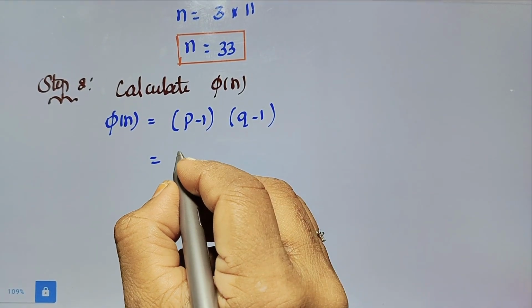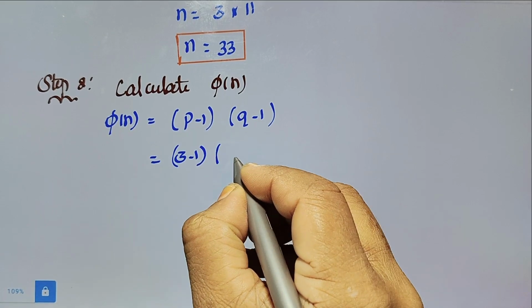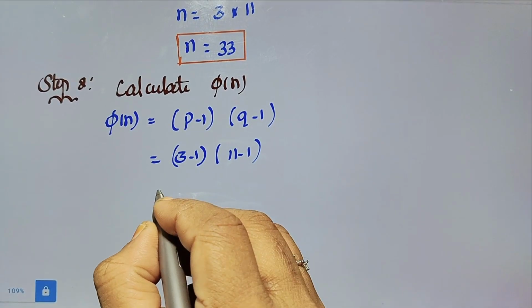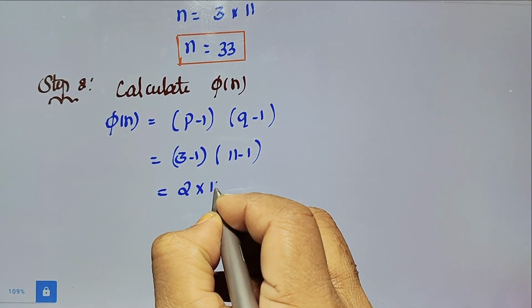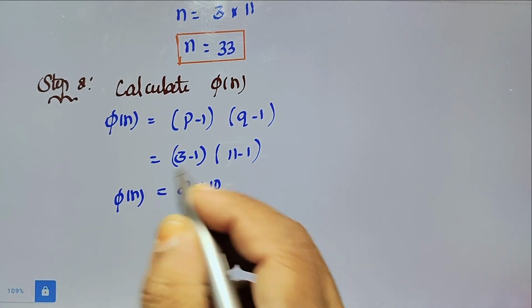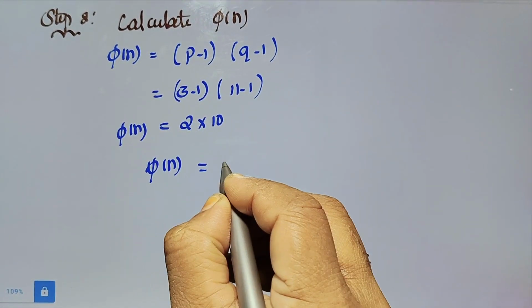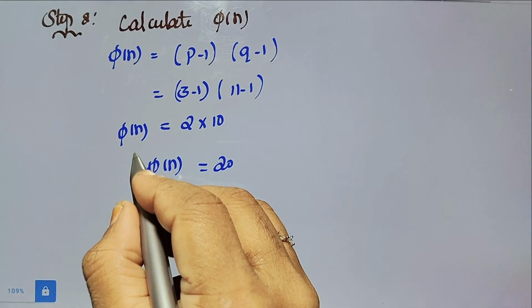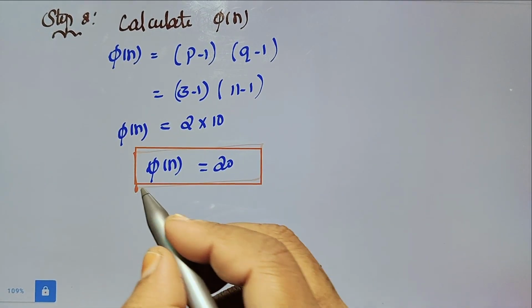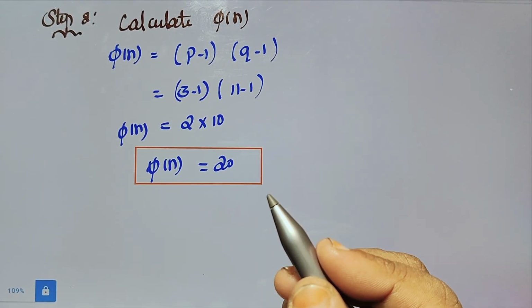Here P value 3, 3 minus 1 and Q value 11 minus 1. 2 into 10. Pi of n equal to 20. Right, step 2 completed.